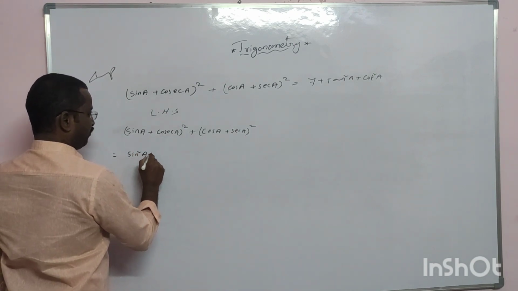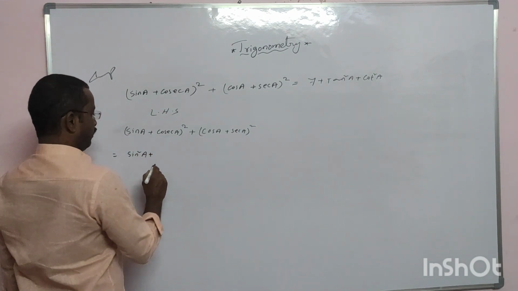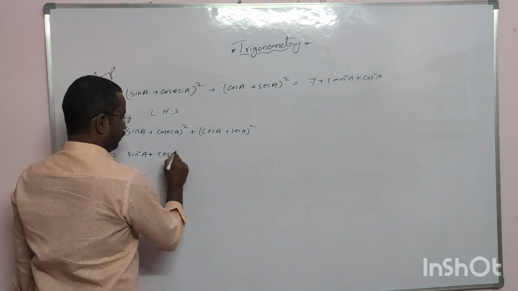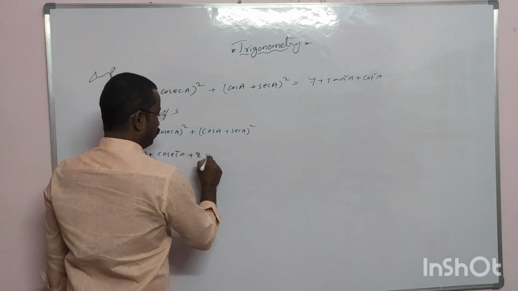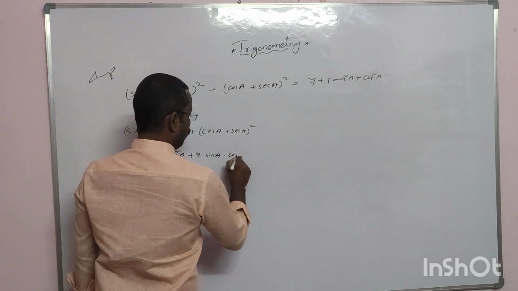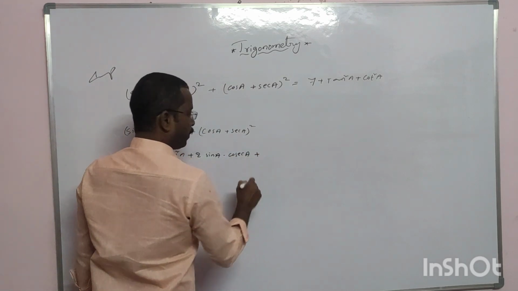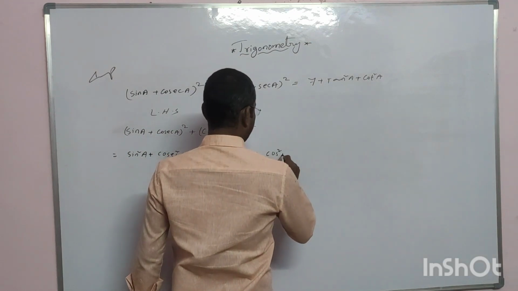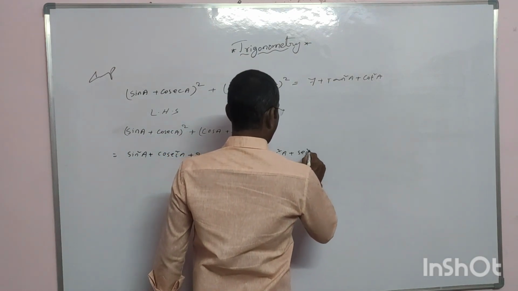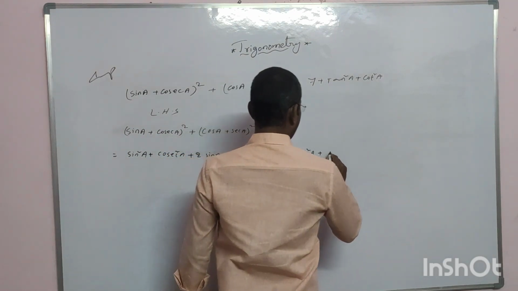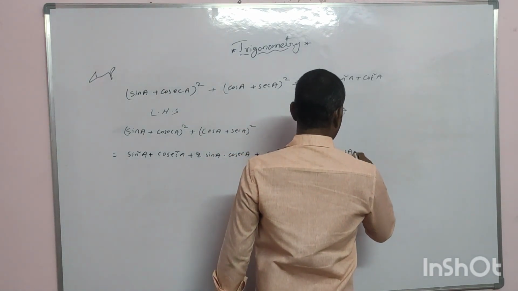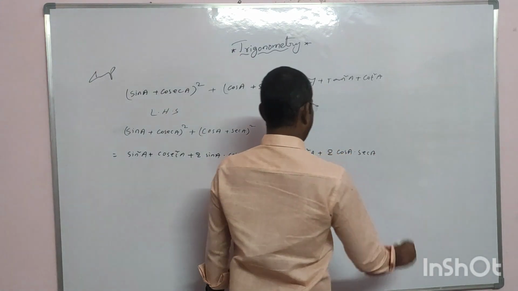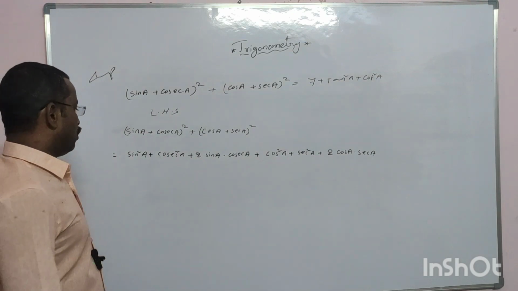A square, next B square, next 2 sin A into cosec A. Here, cos square A plus sec square A plus 2 cos A into sec A. This is what is done.